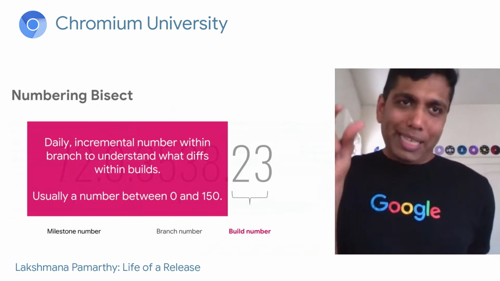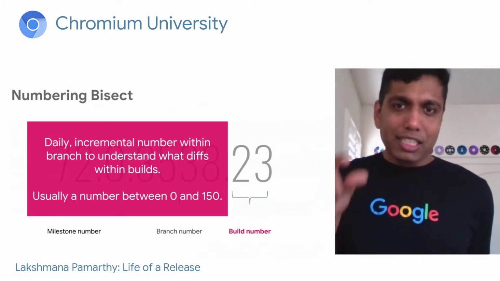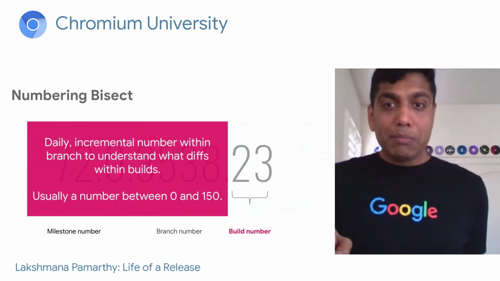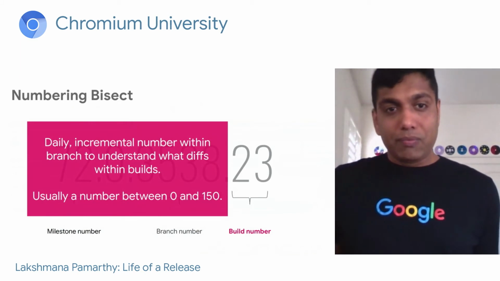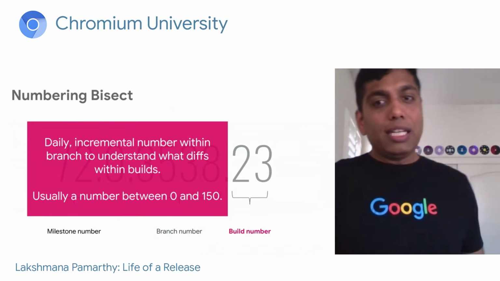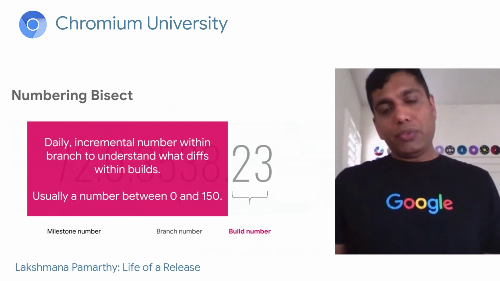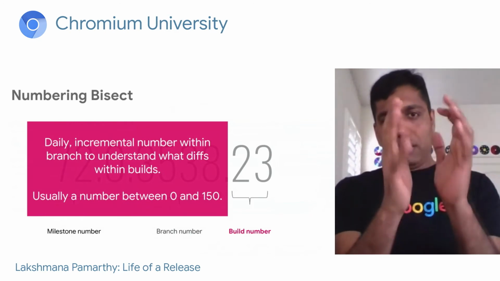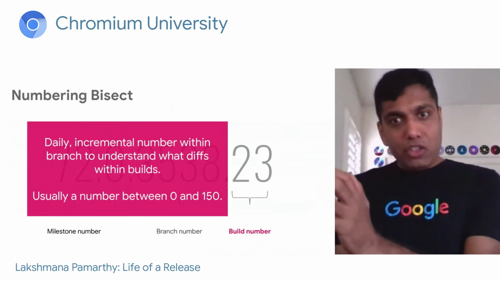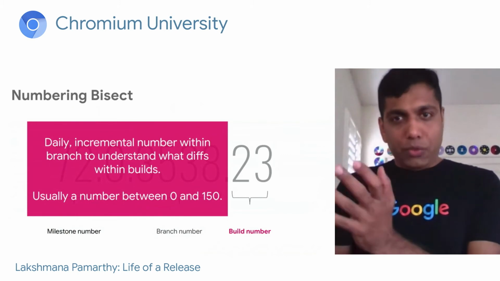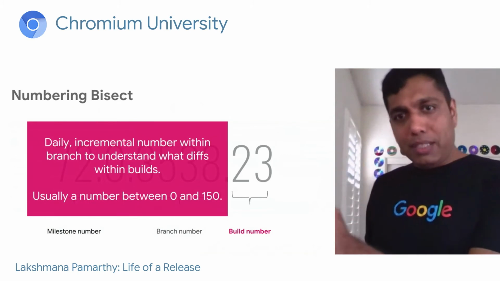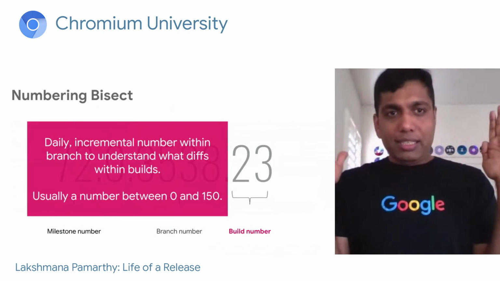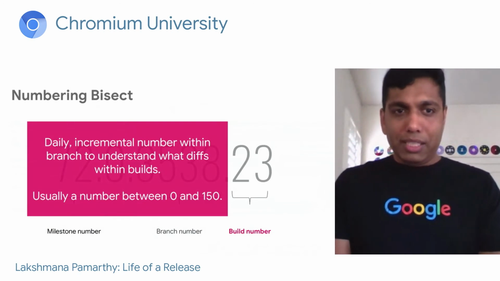The 4280 number I used on the earlier slide is pinned for milestone release 87, but the build number is the one that is changing as we are building every time. So long story short, every 6 weeks you get a milestone number 87, the 0, which is not used, a branch number, which is pinned, that is 4280, and the build number that is incrementing. Put all of them together, that is our numbering system for a particular milestone.